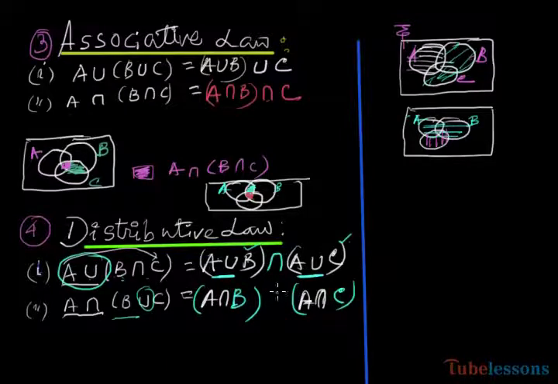So we put union here. The first one is called distribution of union over intersection.